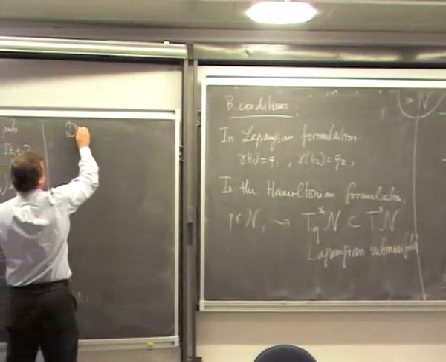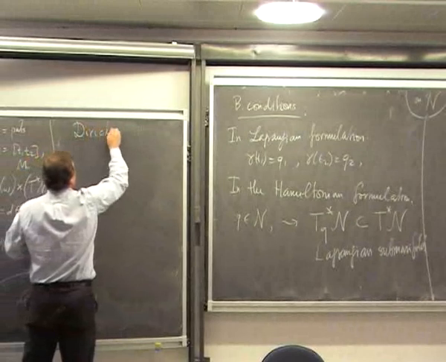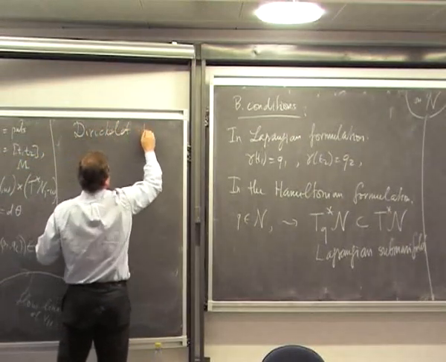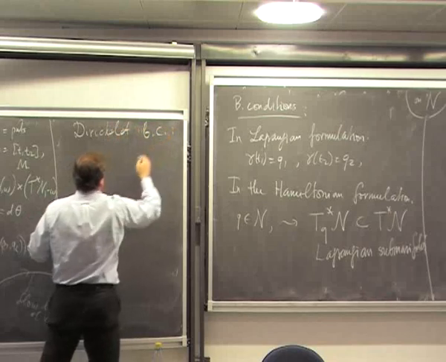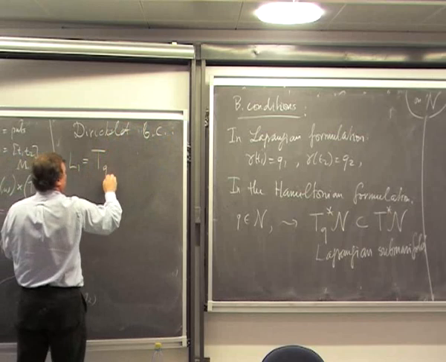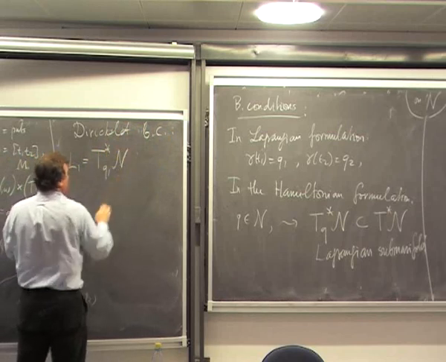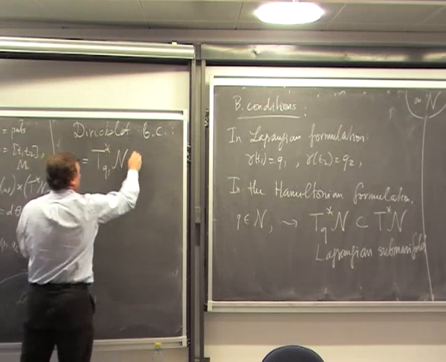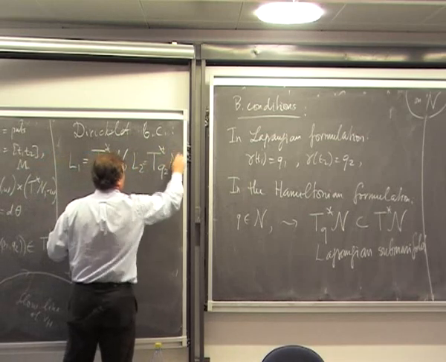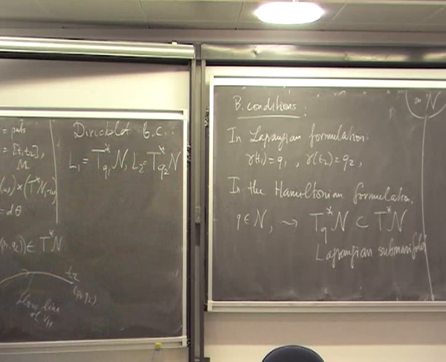So it means that Dirichlet boundary conditions fix two Lagrangian submanifolds, L1, the cotangent space to N at Q1, and L2 is the cotangent space to N at the point Q2.